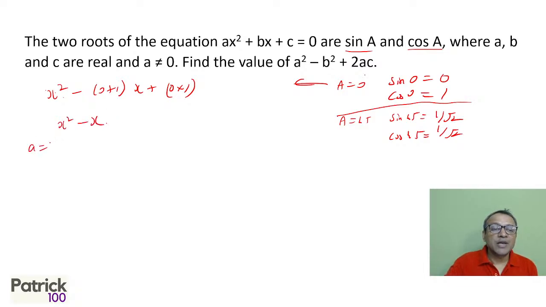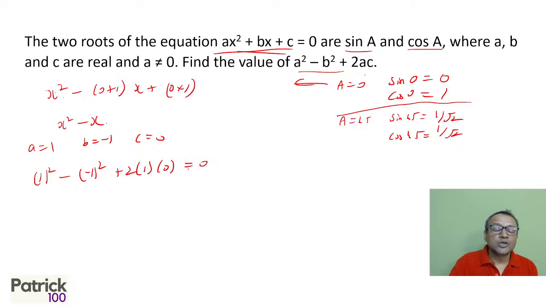In that case a becomes 1, b becomes minus 1 and c becomes 0, if I compare with ax squared plus bx plus c. Now substitute in a squared minus b squared plus 2ac. So a squared is 1 squared, minus b squared is minus 1 the whole squared, plus 2 into 1 into 0. This will give you 0. So the answer will definitely be 0 in that case.